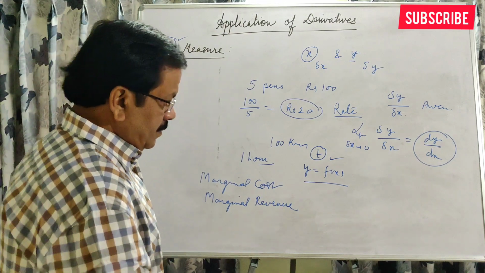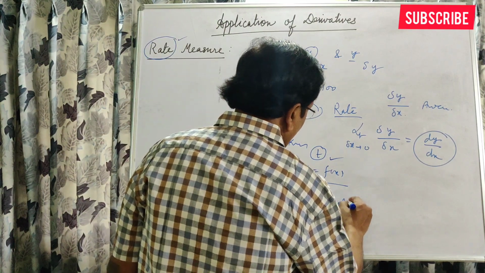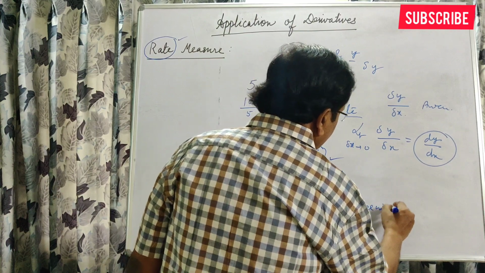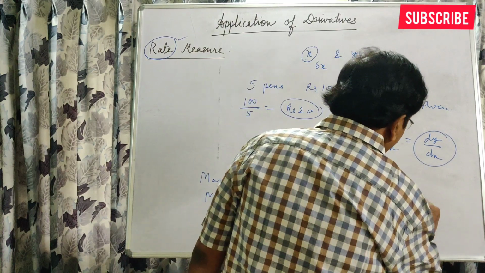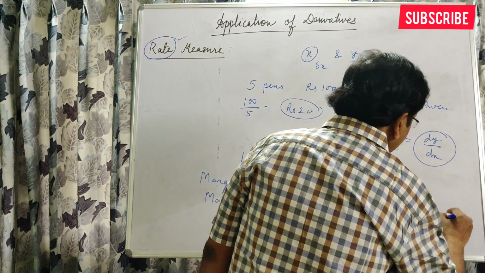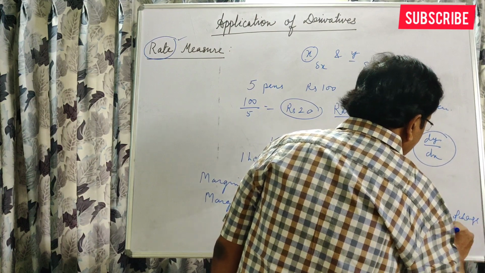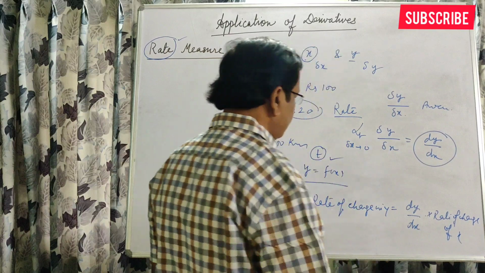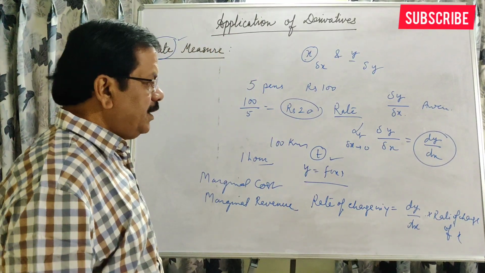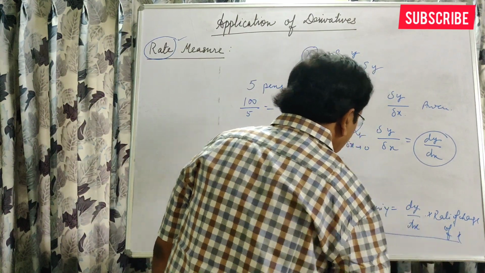Now the rate of change in y is equal to dy by dx into the rate of change of x, that is delta y is equal to dy by dx into delta x, and this formula will be frequently used.